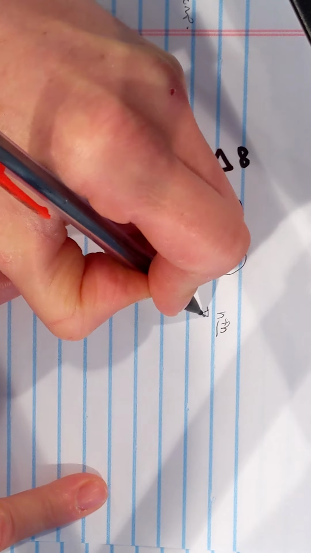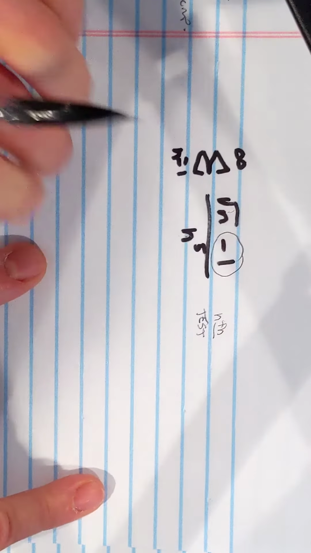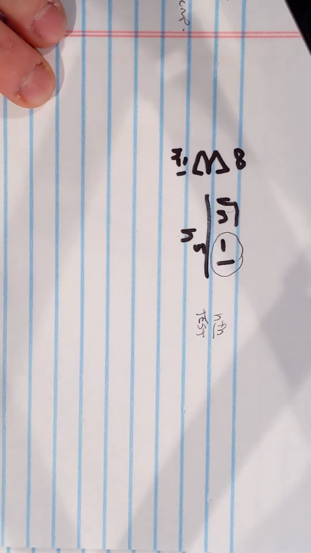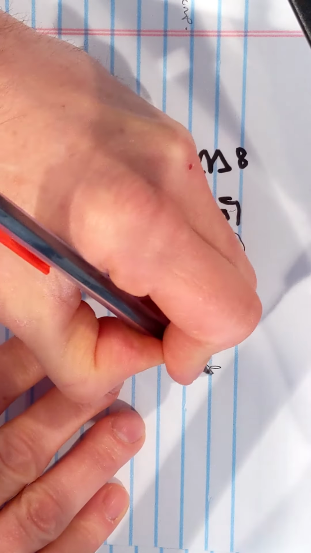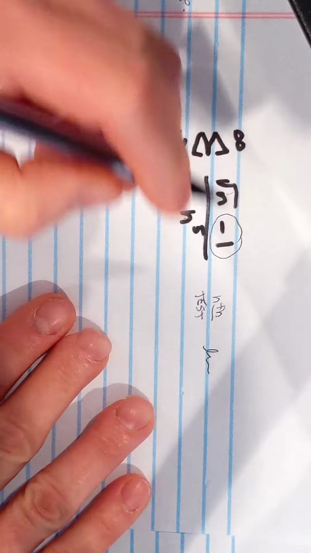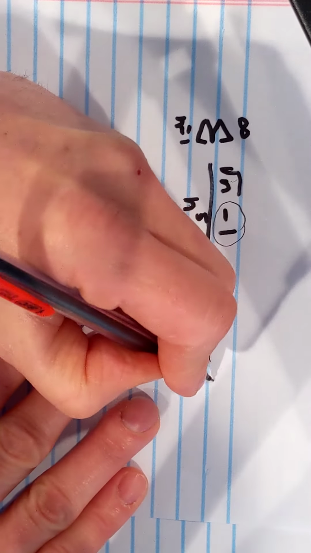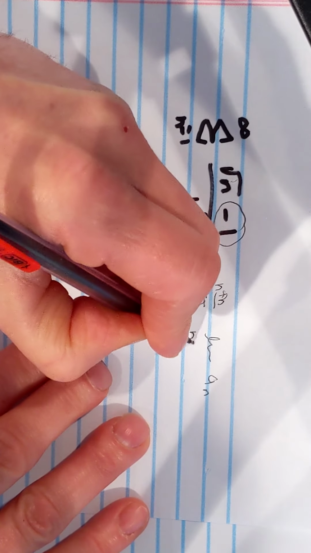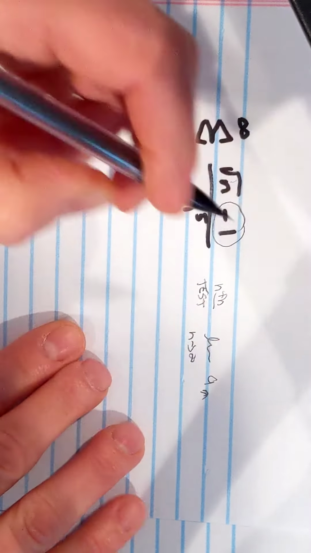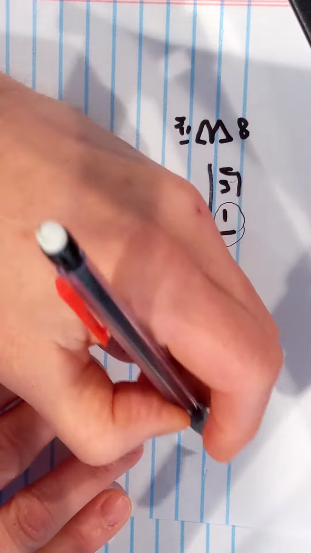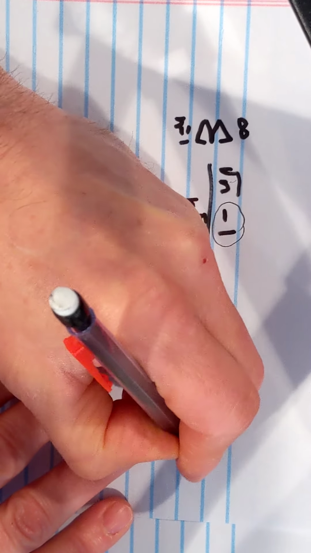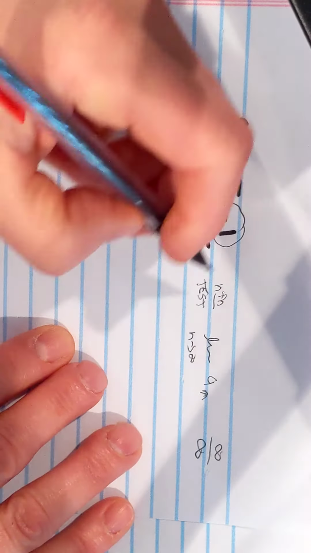The nth test kind of reveals a comparable function. So if I do the nth test, I'm going to take the limit as n approaches infinity of the a sub n. So I'm going to take this and take its limit. If I do that, I get infinity over infinity. L'Hopital's rule applies.